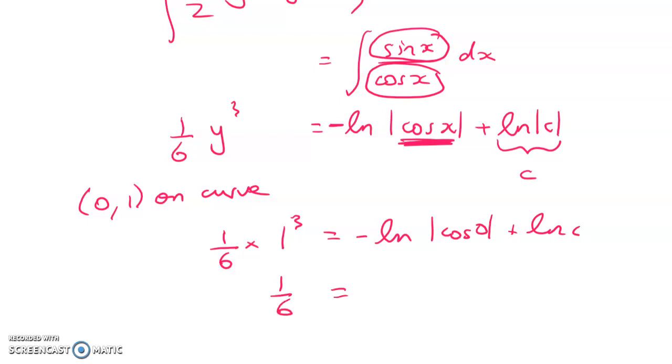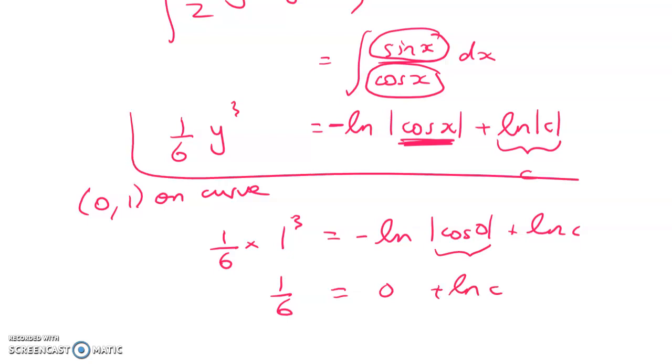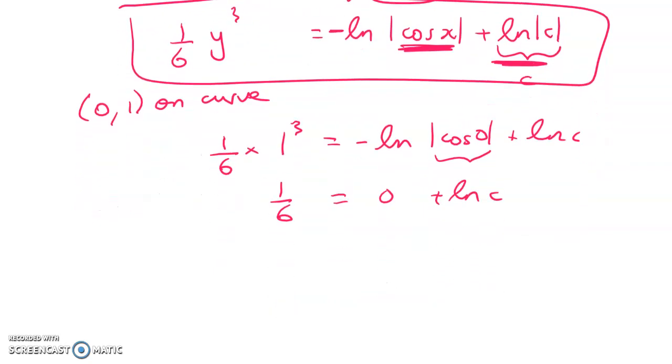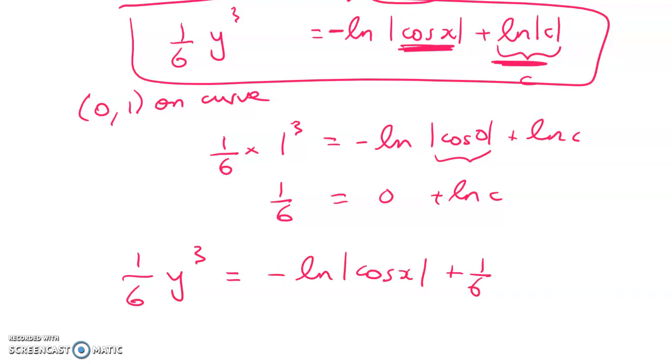So 1/6 is equal to, this is 0 plus the log of c. So that means that I can go back to here and now write this in. So we get 1/6 y cubed is equal to negative log of cos x plus 1/6.